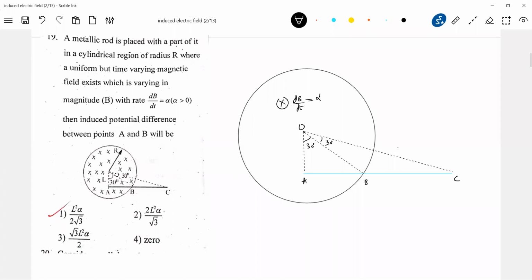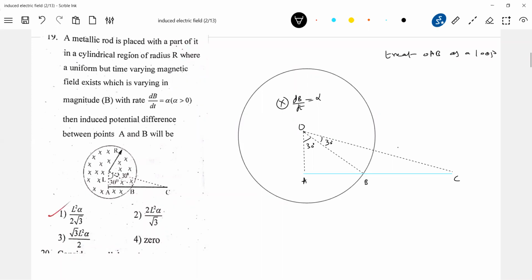Now we have a loop OA and OB. Now I'm going to discuss a very good piece of information regarding this. First, shall we take OAB as one loop? Treat OAB as a loop.